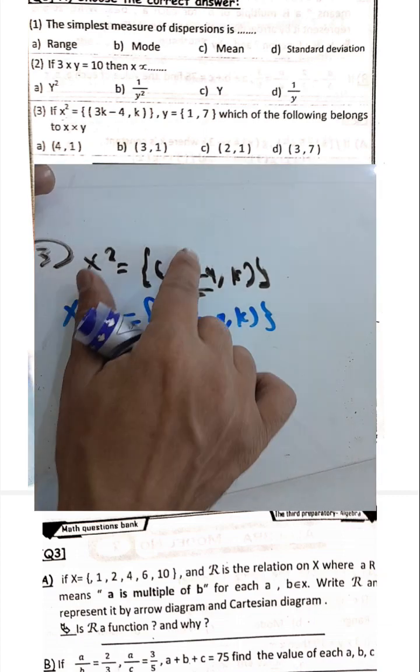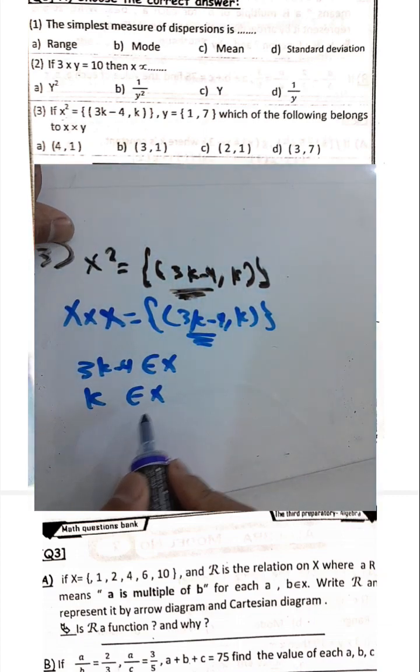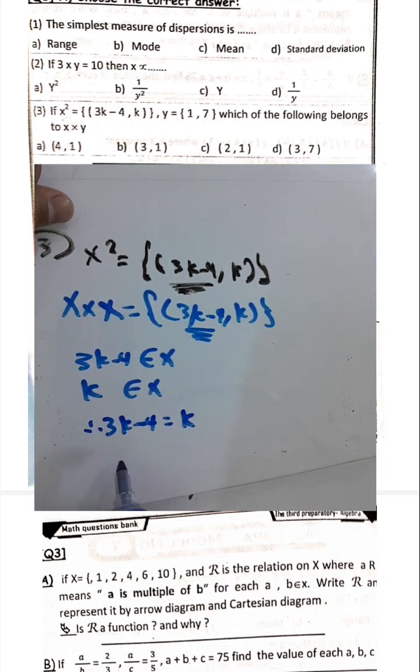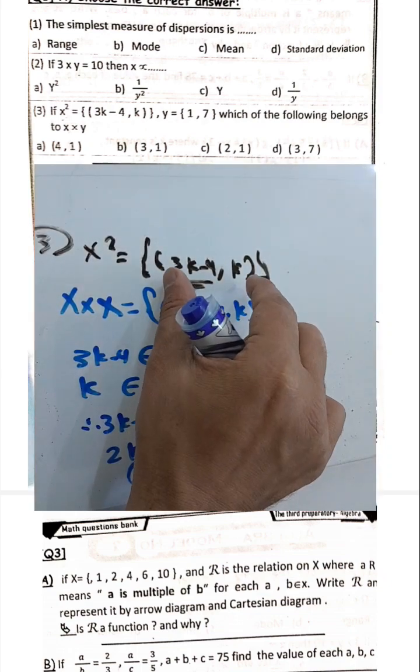If we had (1, 1), then 3k minus 4 would equal k, and then 3k minus k is 2k equal 4. Move k from 3k, and negative 4 becomes positive, then divide by 2, then k equals 2. We found the value of k equals 2.